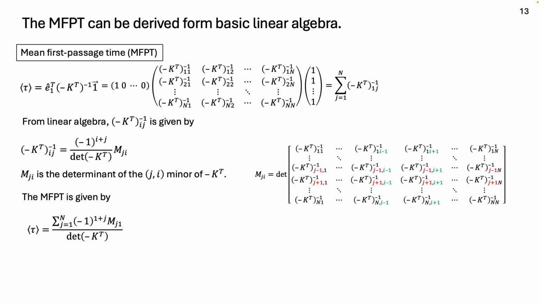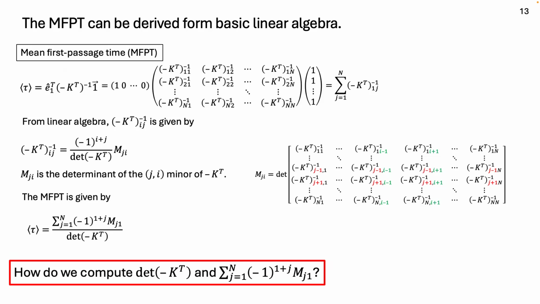The mean first passage time is a summation of minus kt. So it's given here. You can derive the mean first passage time by hand, but it's very hard work.